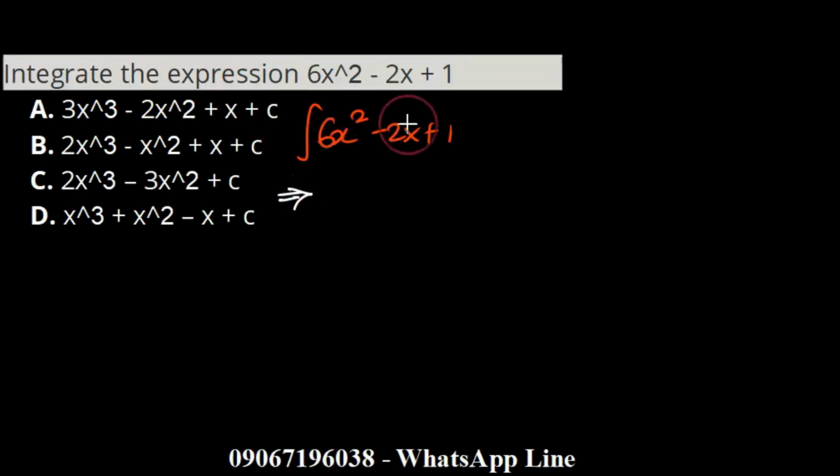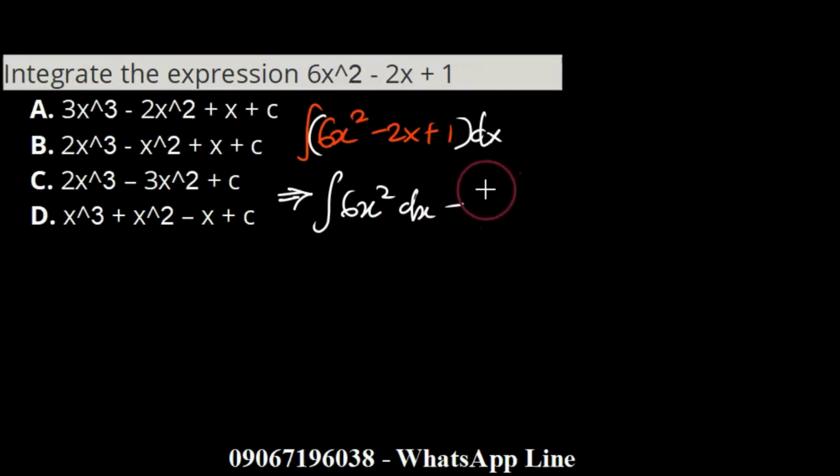Remember that these are all together and you can write it as dx. So this is going to become the integral of each of these: the integral of 6x squared dx, minus the integral of 2x dx, and then plus the integral of 1 dx.